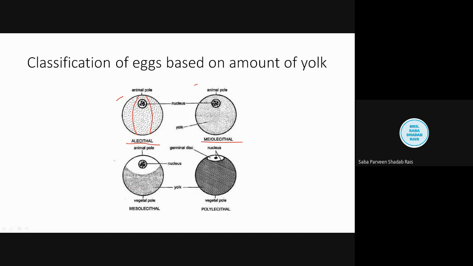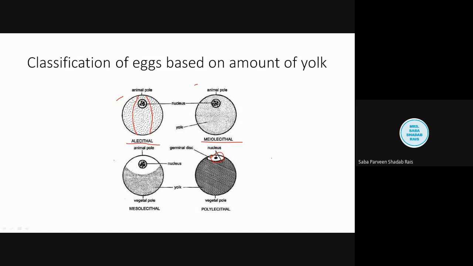When we talk about the macrolecithal, you can also call it megalecithal, children, or polylecithal, here this type of egg. Now here you can see that the cytoplasm is restricted to a very small region, and this cytoplasm is forming the germinal disc, because this is the smallest region where the development of the animal will happen, and the remaining part is the food reserve.